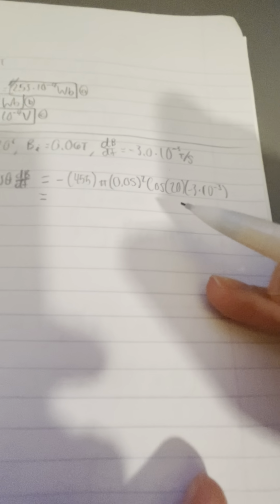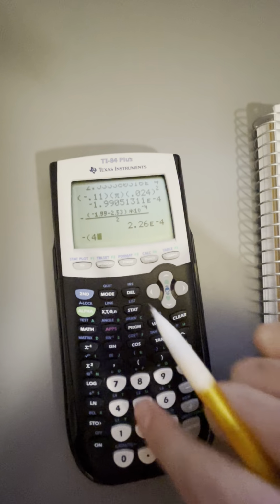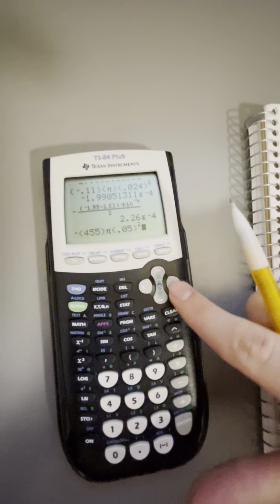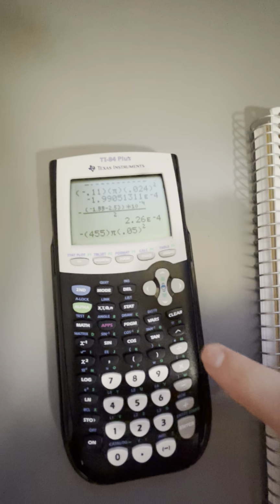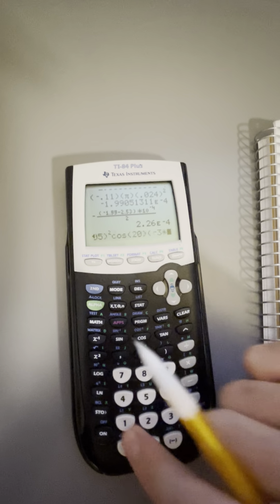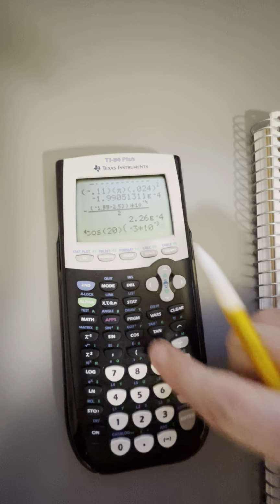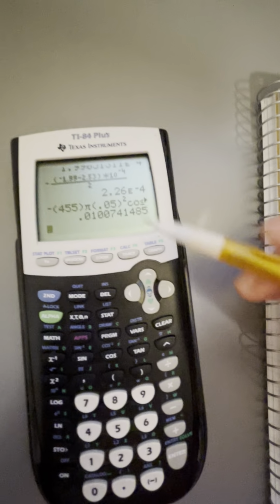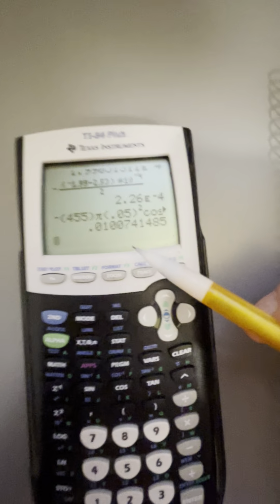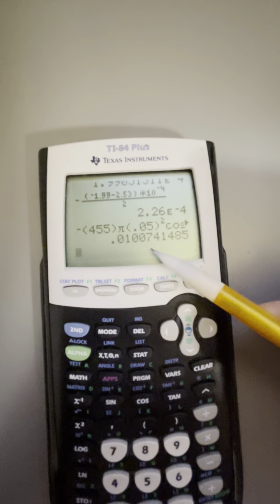Okay, so we're going to get a positive value for our voltage, so 455 pi times 0.05 squared times cosine 20 times 3 times 10 to the negative third, and that gives us 10.01.